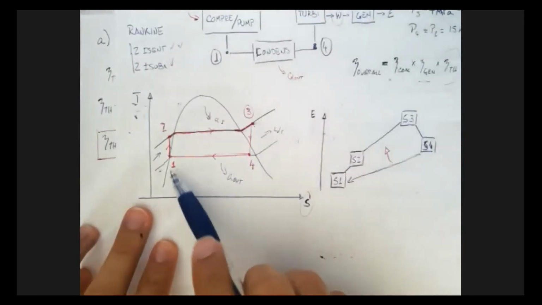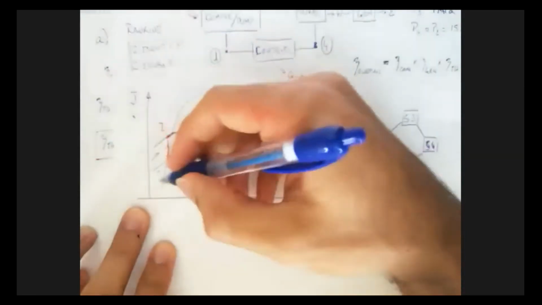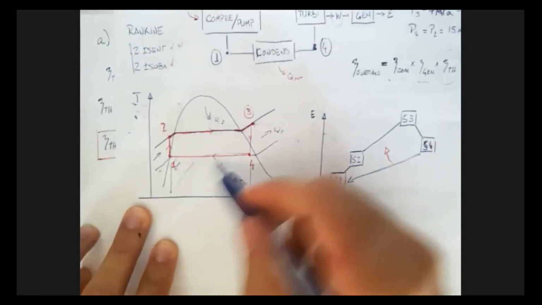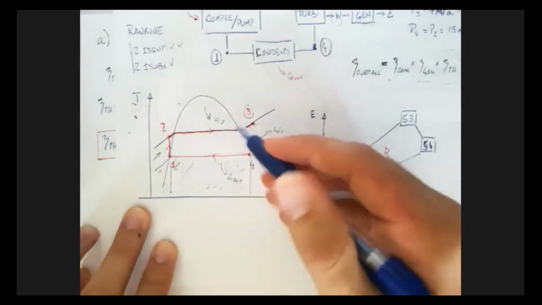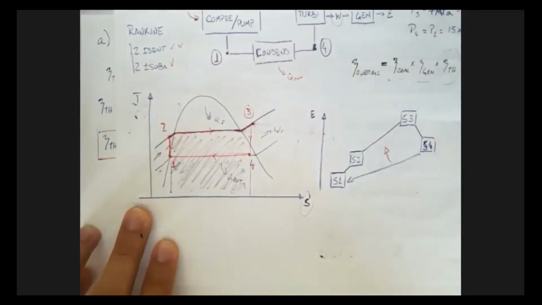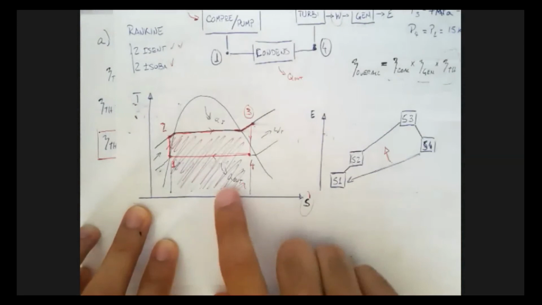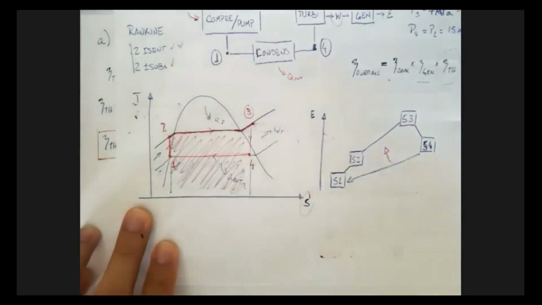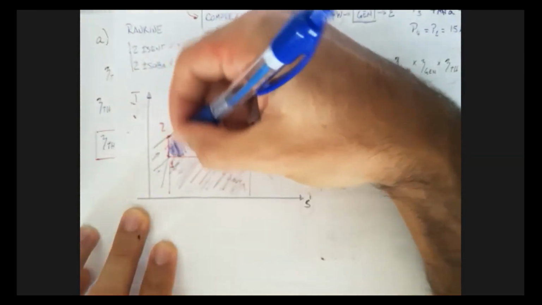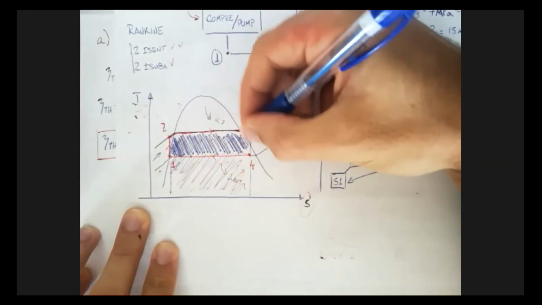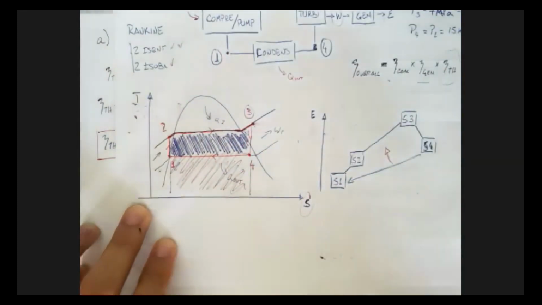So the Q out, you can think of it as this area here, right? And the Q in is going to be this area here. All right, the negative is telling you that Q is going out. So my actual work is the area inside the curve. So it's going to be this area here. If you think about areas, it's probably easier because area is energy in this graphical form here.